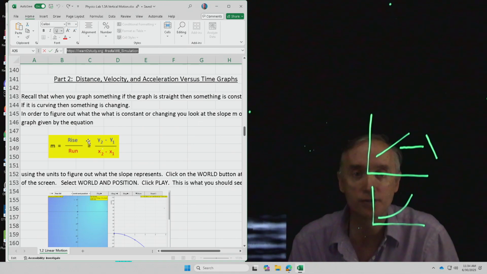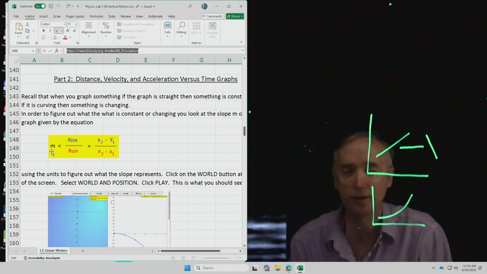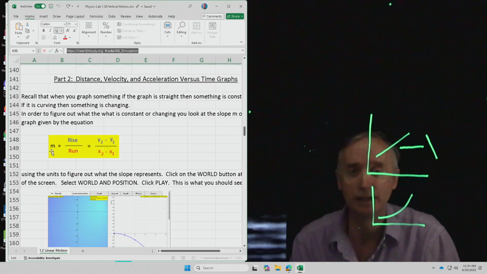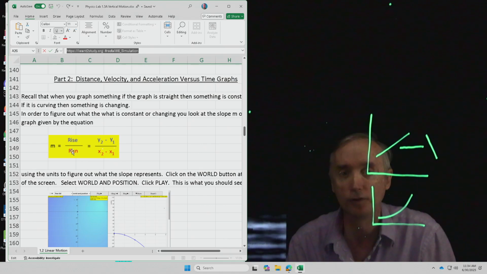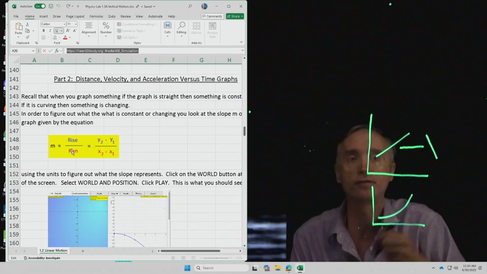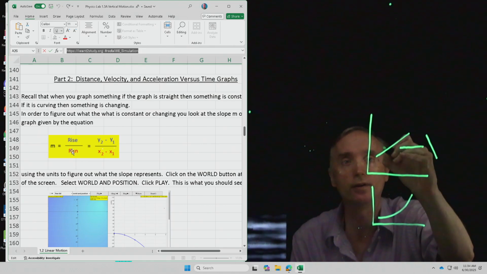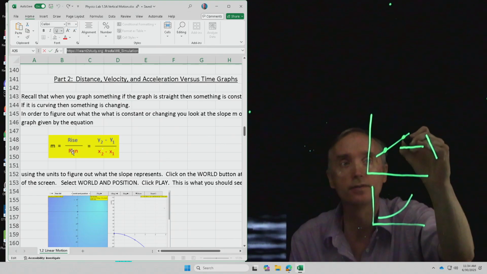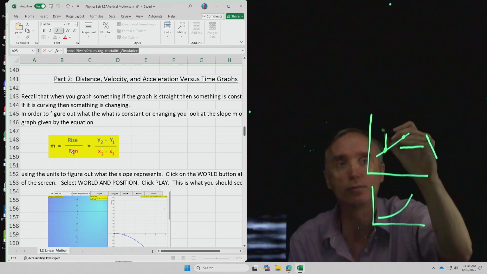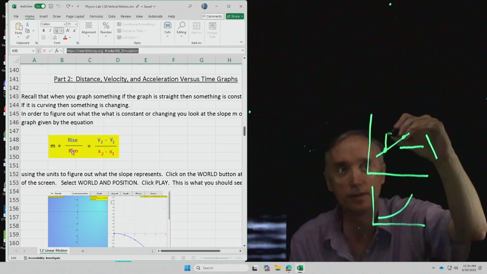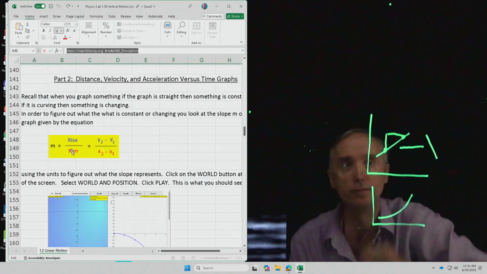And remember, here is the formula for slope. Slope is given by the letter m, so it's not mass, and it's rise over run. For example, for this one right here, you pick out any 2 points on the straight line, and this would be the rise part, and this would be the run part.